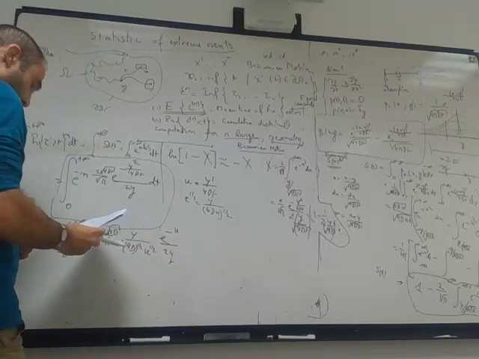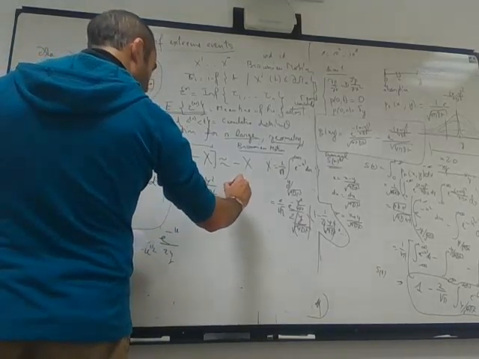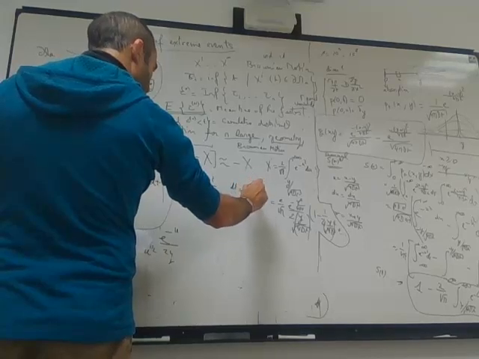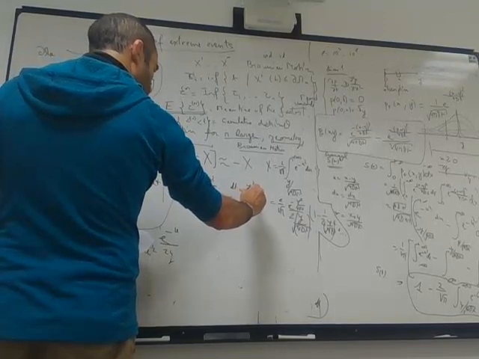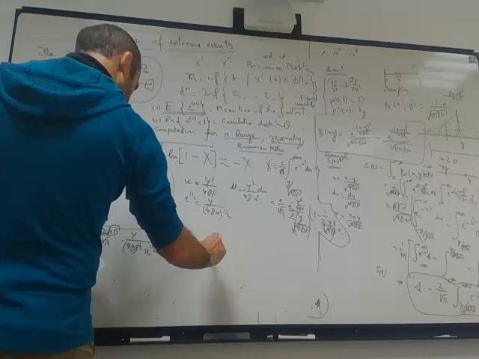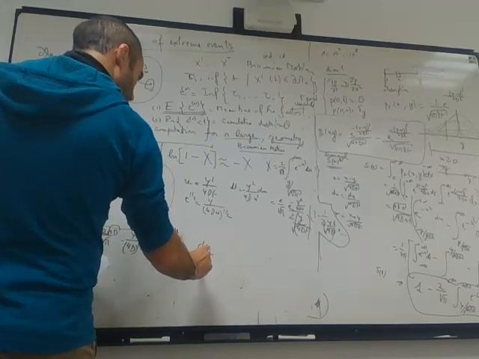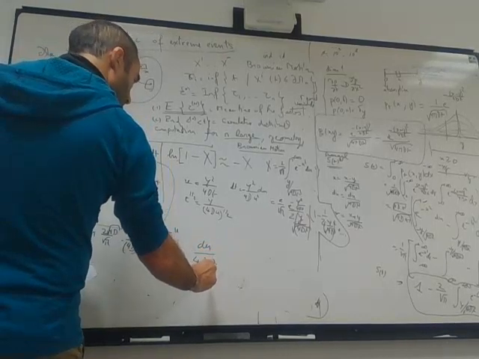So dt is simply y squared divided by 4d, u squared du. So this is du divided by, with a minus, 4d u squared.